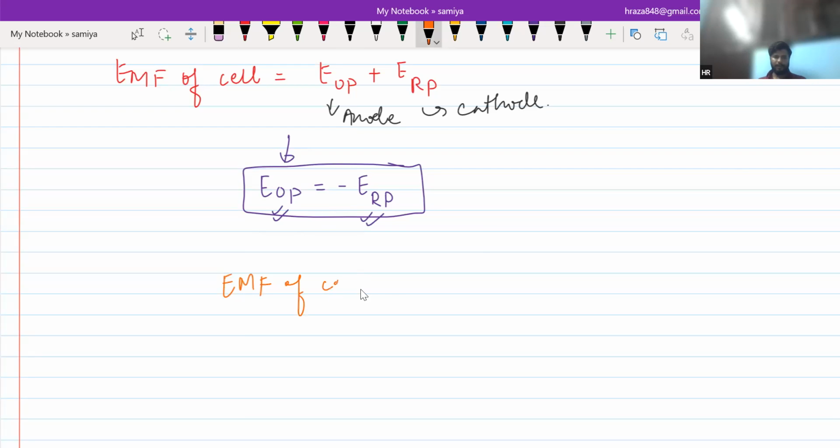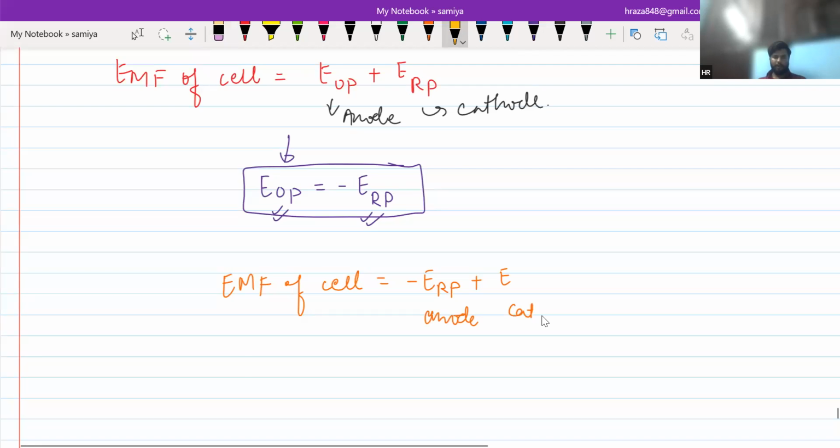Now, EMF of cell will be equal to the reduction potential of anode, that is in minus, plus the reduction potential of cathode.